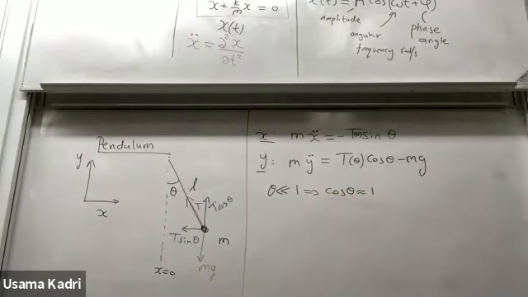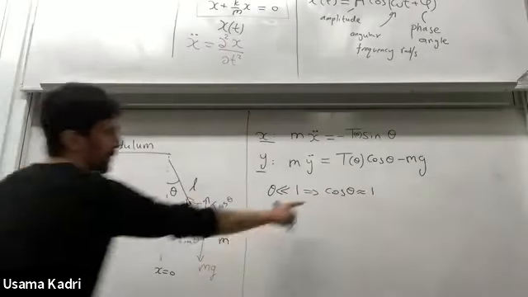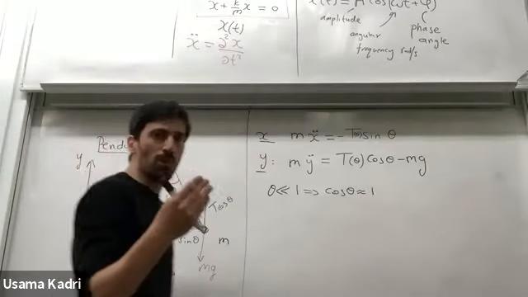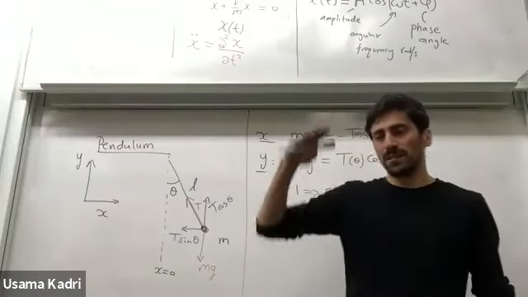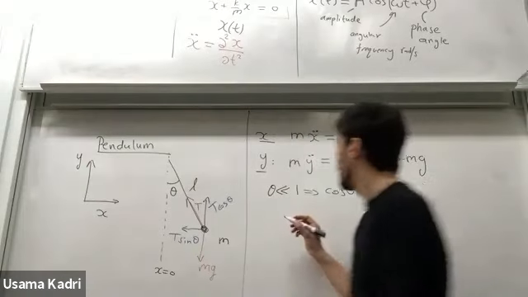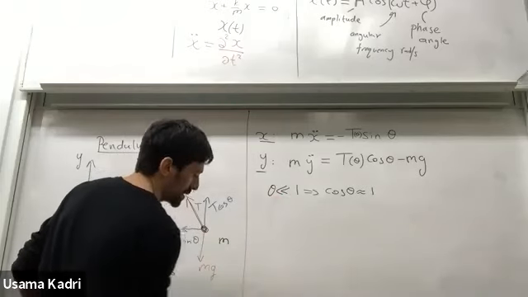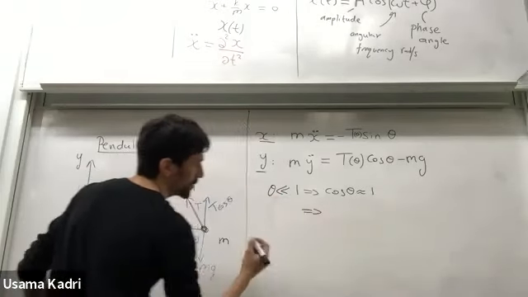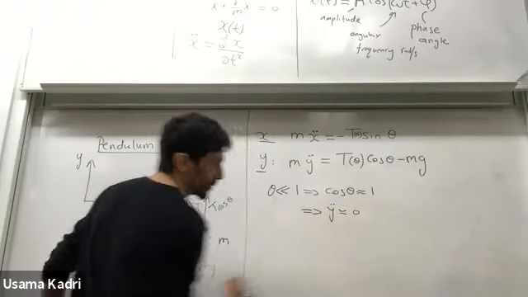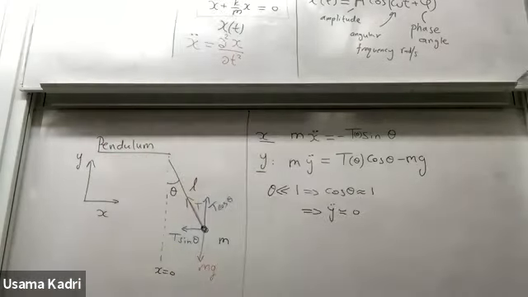That makes things quite simple, because if cosine theta is 1, and if theta is so small, then the movement in the y direction would be very small, which means that y dot, I'm going to write this here because it's part of the assumption, would also be equal to 0. So almost no movement in the y direction when the pendulum moves, I'll show you.